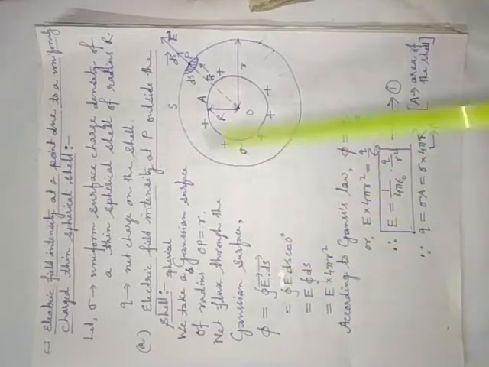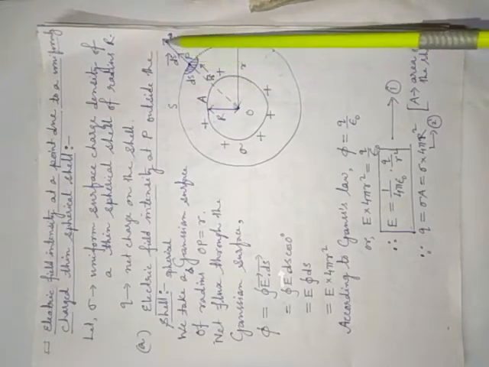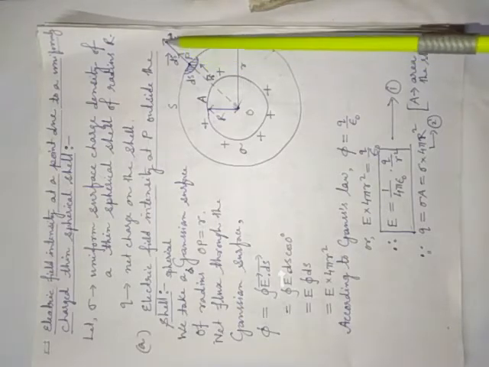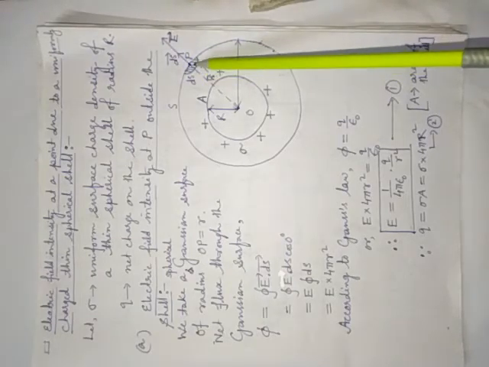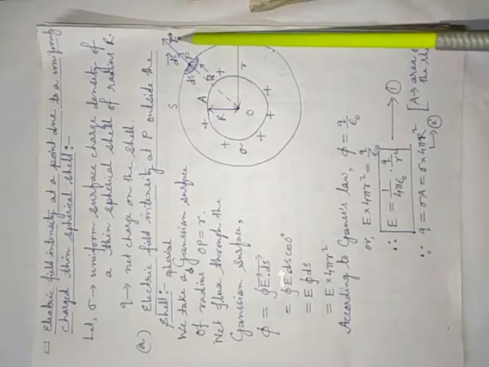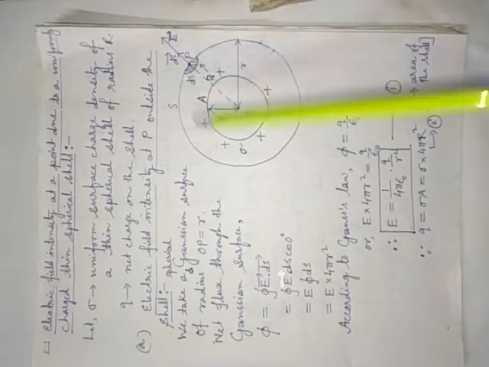Already I have considered a small portion of S, that is ds, around the point P, where we want to calculate electric field intensity. Already I discussed electric field intensity is radially outward and perpendicular to the spherical surface. Now again, we have to draw area vector ds vector, which is perpendicular to small area element ds. The angle between E vector and ds is 0 degree. That is why E ds cos 0 degree.